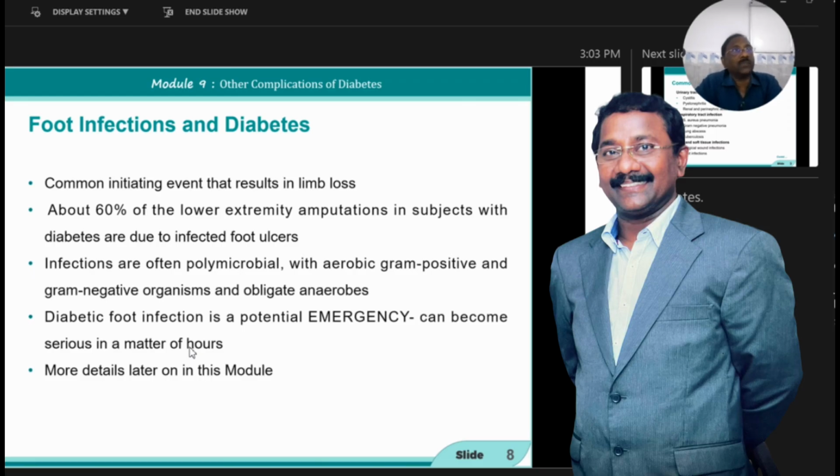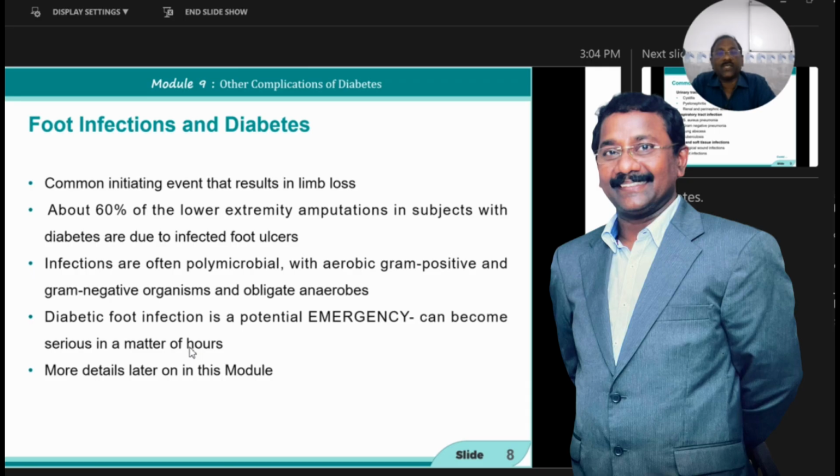Whereas in our corporate hospitals, they use meropenem, or they may use Tazobac, or they may continue to use amikacin provided the renal functions are good, and then they use metronidazole also. So this is how we have to see the antibiotic coverage in all foot infections in diabetics, because it is always polymicrobial. Not only gram-positive and gram-negative, but all the bacteria will be there.